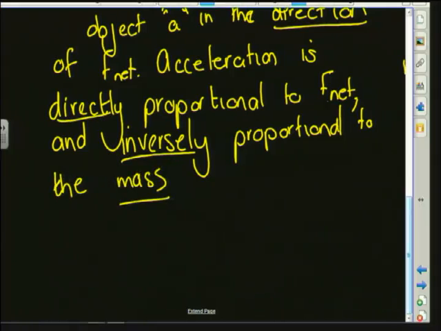It's directly proportional to the resultant force, inversely proportional to mass. In other words, the bigger the net force, the greater the acceleration, the bigger the mass, the smaller the acceleration, okay? 2 marks for a question like this, and pretty much they're all or nothing marks. You get it or you don't, okay? Seems like a lot of writing, yes it is, but remember you have time in your exam.